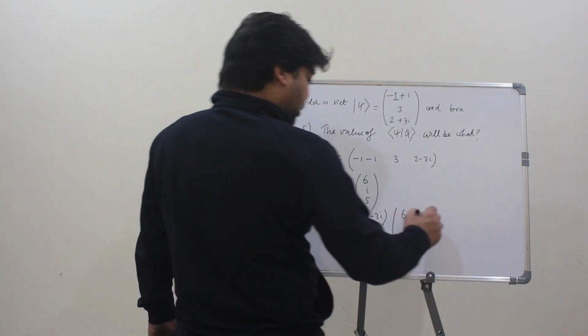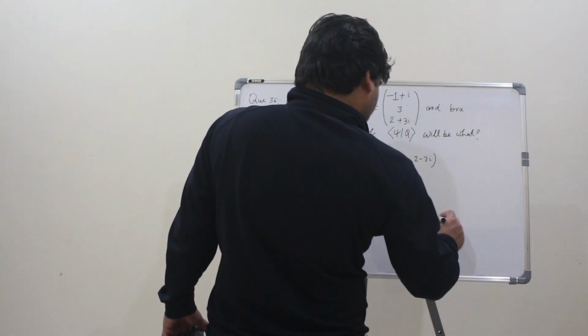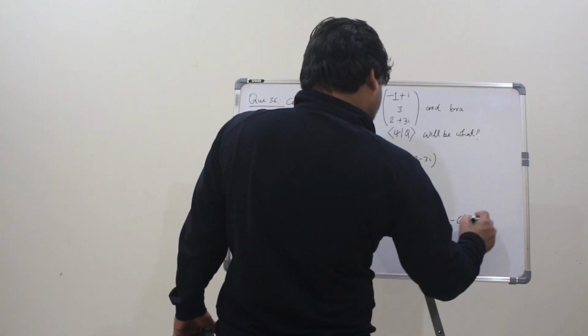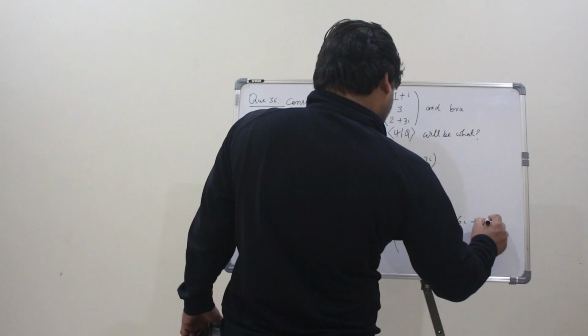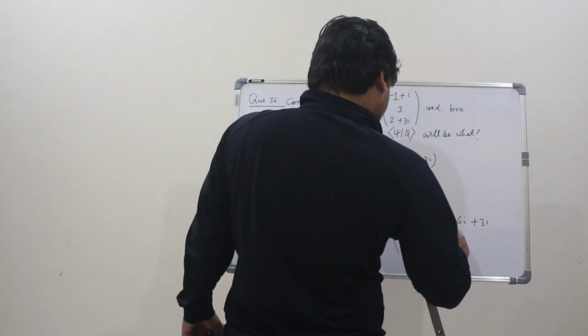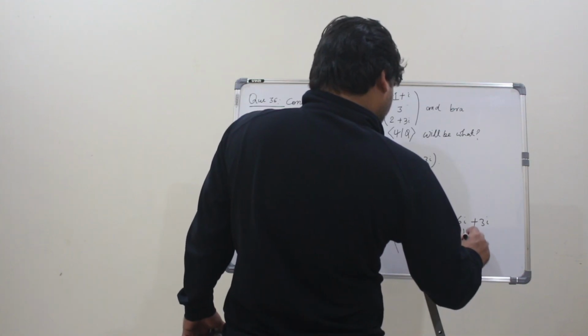So it gives you minus of 6, minus of 6i, plus 3i, and then 2 minus 3i multiplied by 5.